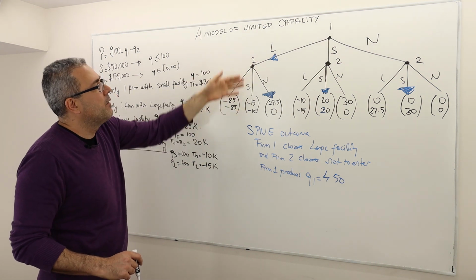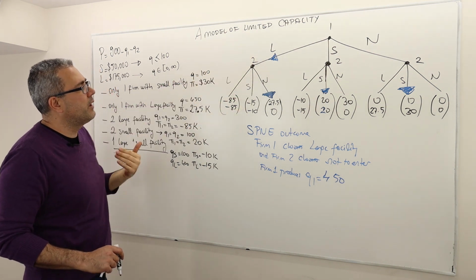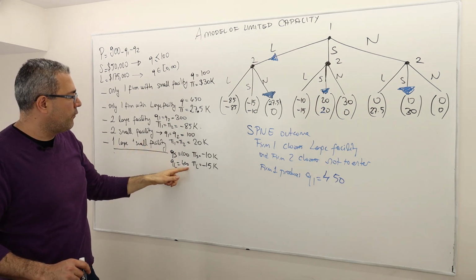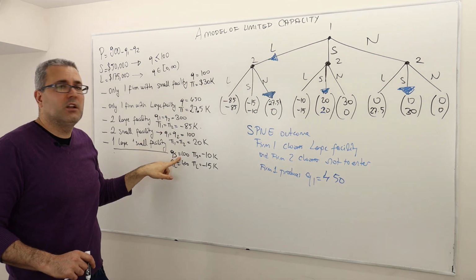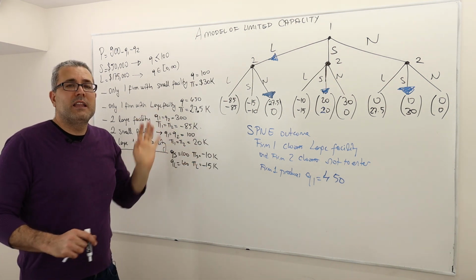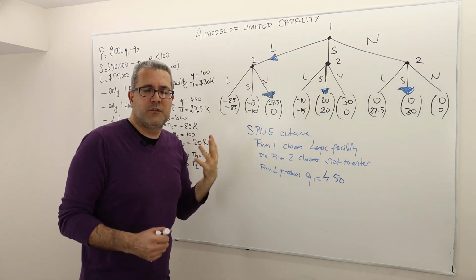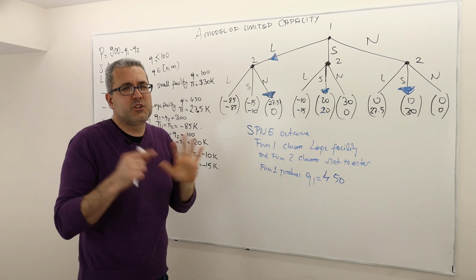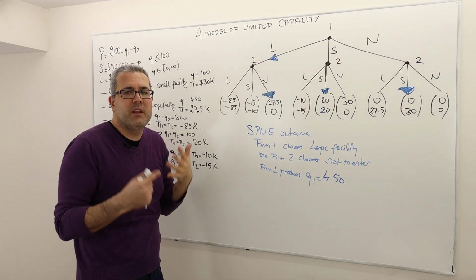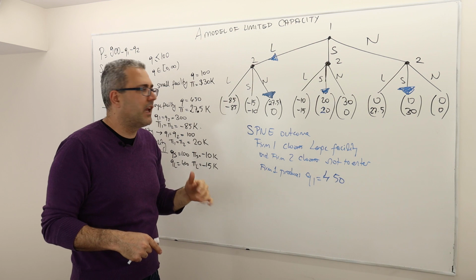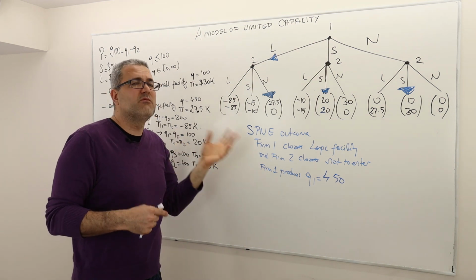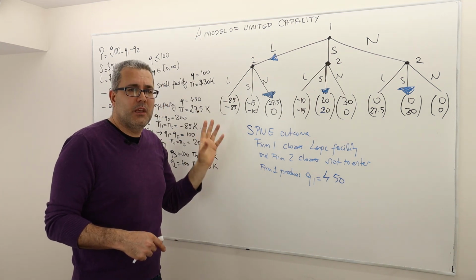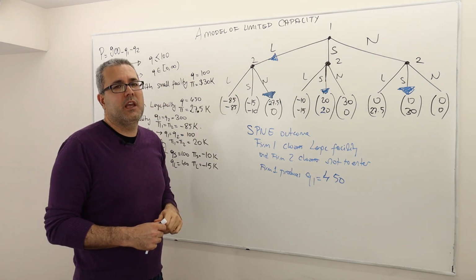In this subgame, meaning firm 1 has chosen large and firm 2 has chosen small, the quantity of firm 1 is going to be 400, quantity of firm 2 is going to be 100, etc. All right, so that very long description is what we mean by subgame perfect Nash equilibrium strategy profile, but it's too long, and what's the point of knowing this entire strategy for this particular game? The relevant thing we need to know is what the outcome is going to be, and this is what the subgame perfect Nash equilibrium outcome will be in this game. So that's it.